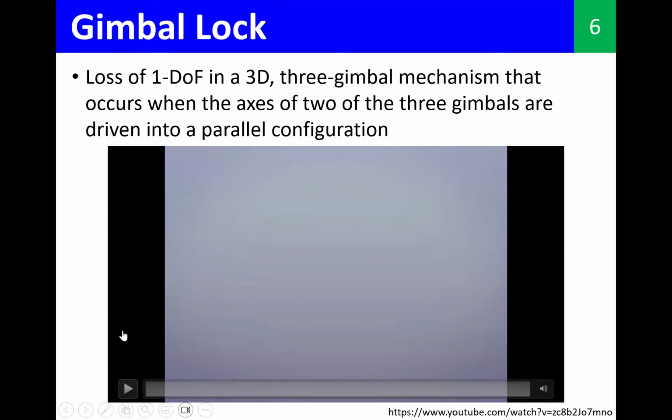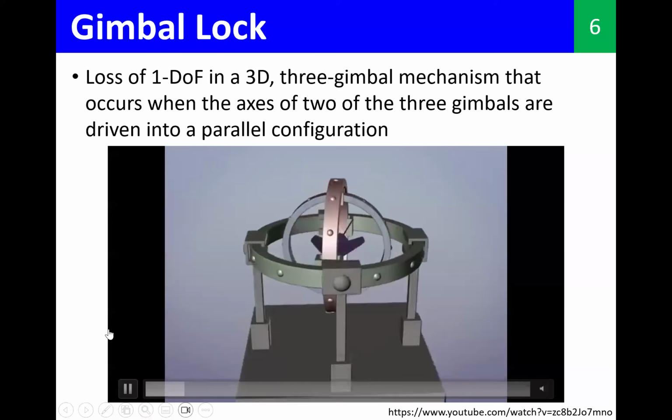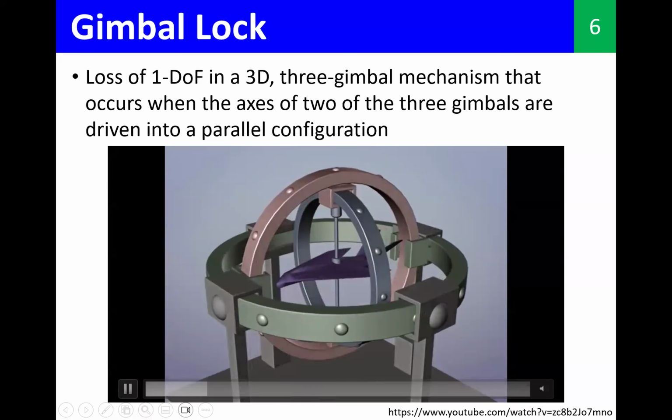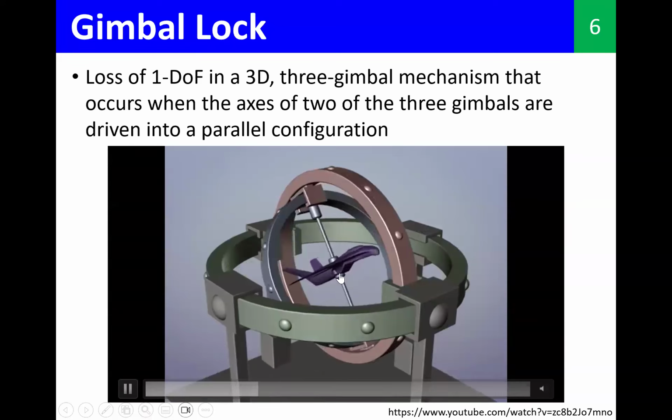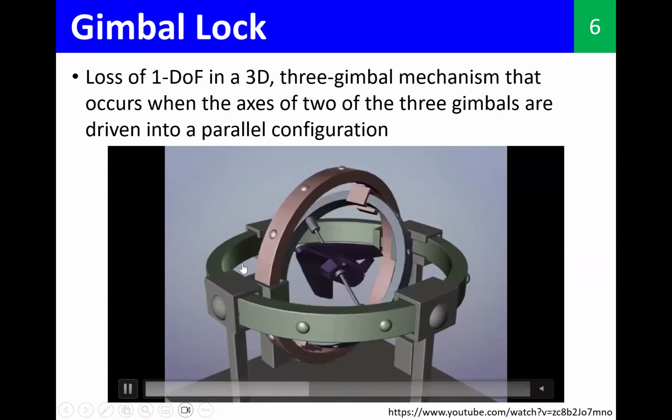So we basically lose 1 degree of freedom. If you look at this three-gimbal mechanism, you have this yaw, you have this pitch, and then you have this roll, right?